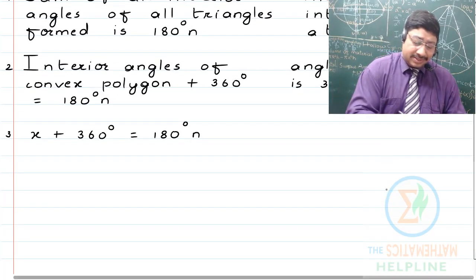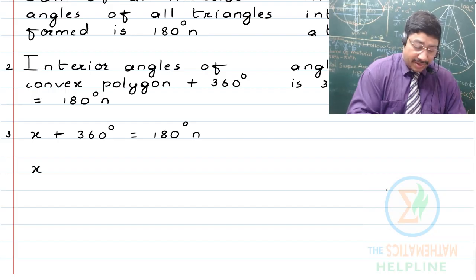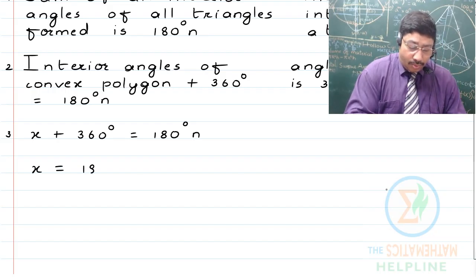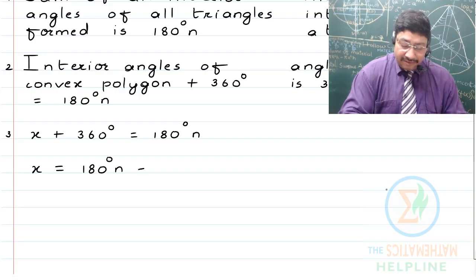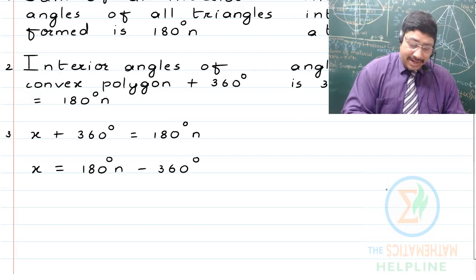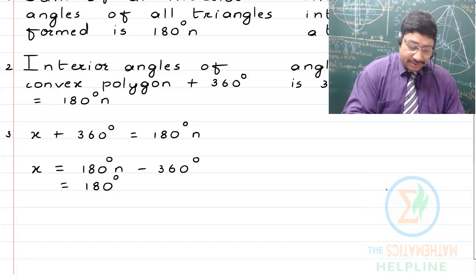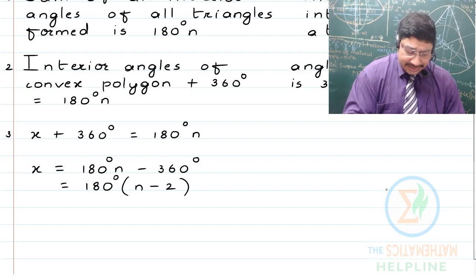So making x the subject of the equation, we will have x equal to 180n, obviously in degrees, from which 360 is going to be subtracted, right? Now further, as you find that this 180 is common, let's take this out, and then you have n minus 2 inside.